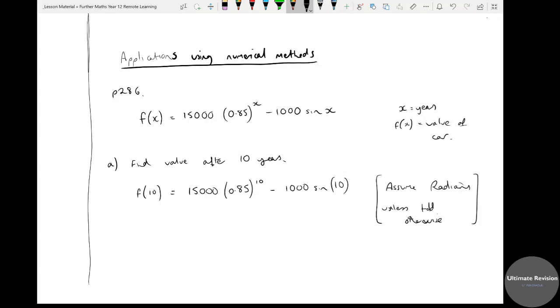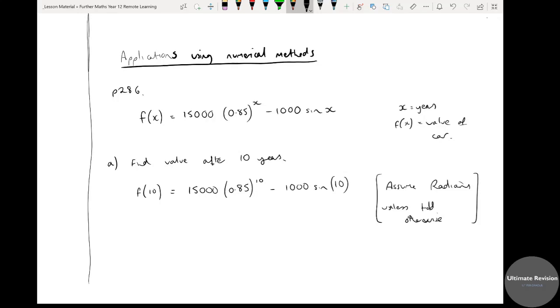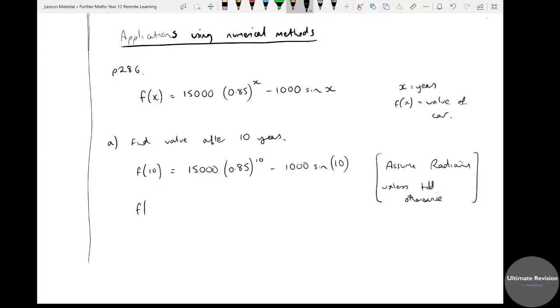So assume it's radians unless otherwise, which in this case it doesn't tell us, so we're going to have to assume it's radians. And the answer, the value of the car after 10 years, is £3,500, and that's to two significant figures. Okay.